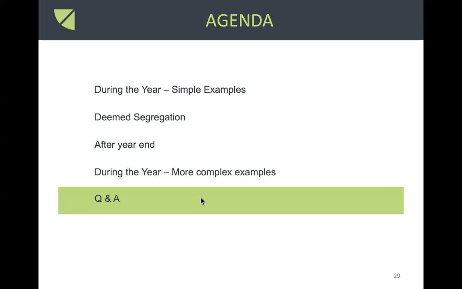It depends whether you're using the segregated or the proportionate method. If you are using the segregated method and all of the assets are segregated, so all the balances are in pension and there's no disregarded small fund assets at the time of the property sale, then yes, the CGT will be 100% tax exempt. If you're using the proportionate method, then there will be some tax payable.